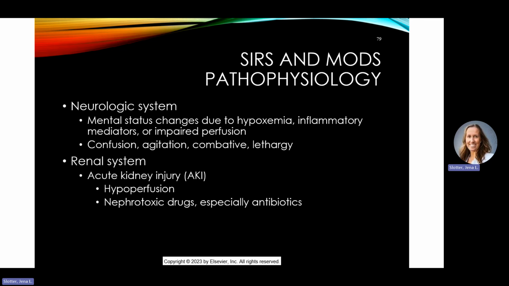The other thing to keep in mind with kidney injury, since we talk so much about decreased urine output, is that we have to worry about nephrotoxic drugs. What's one of the main drugs we often use to treat sepsis? Antibiotics, of course. A lot of antibiotics are very nephrotoxic, so we really have to be careful that we're not making the AKI worse with the drugs that we are choosing.